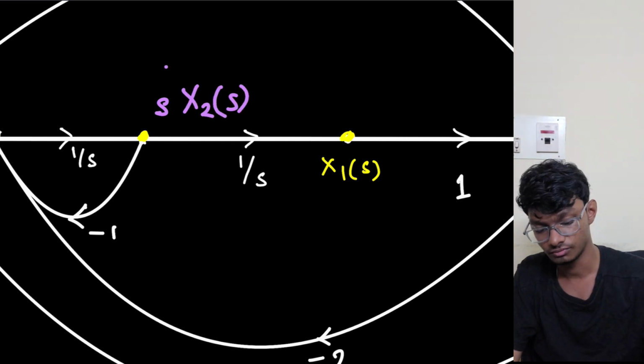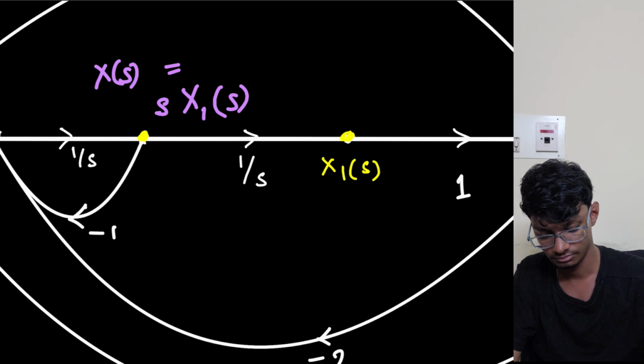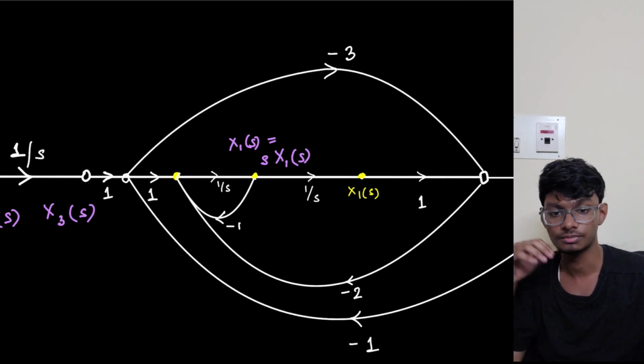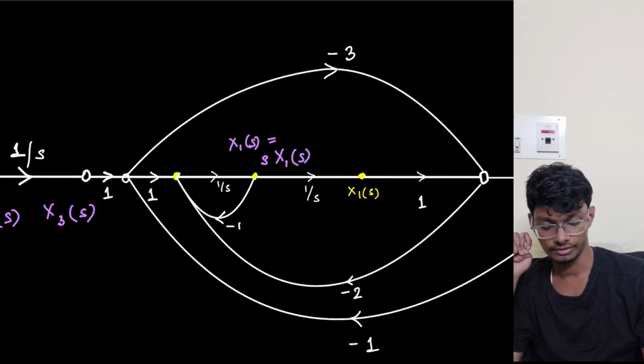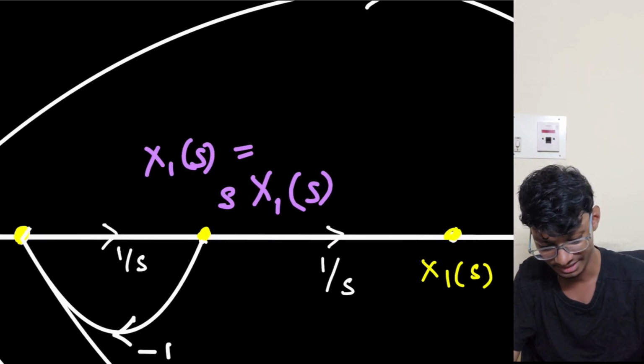Sorry, this is x1, simply equal to x1 of s. So this is what we get. Sorry, I'm just confused here. This is x2.